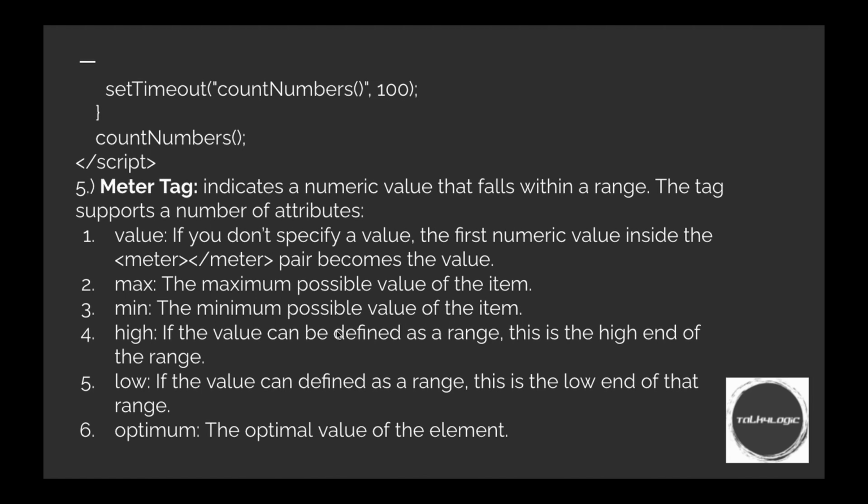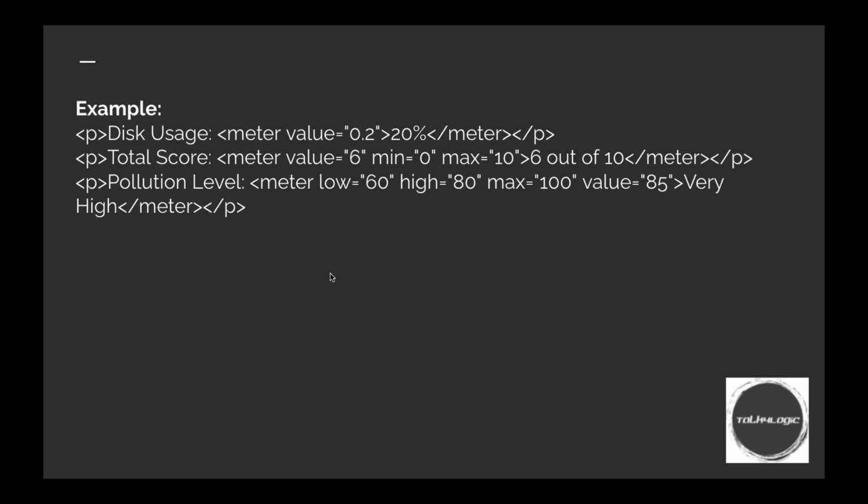If the value can be defined as a range, this is the high end of the range. What is low? If the value can be defined as a range, this is the low end of that range. Optimum is the optimum value of the element. In the example below, we are trying to include all the attributes.